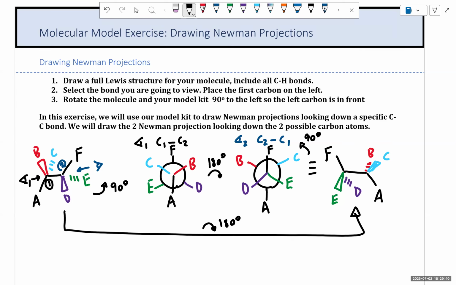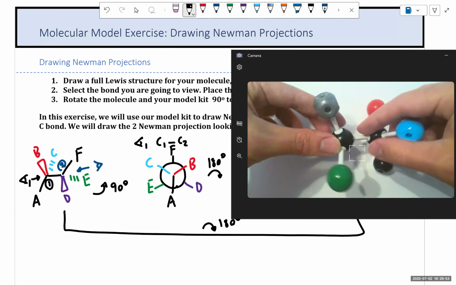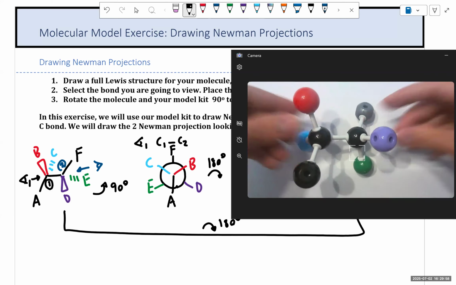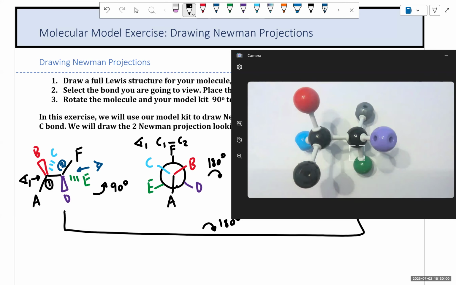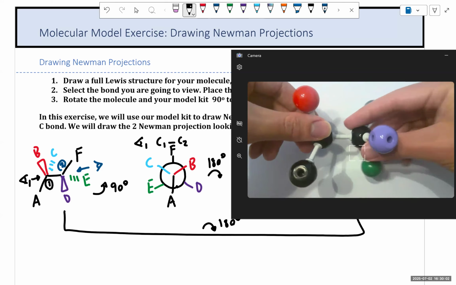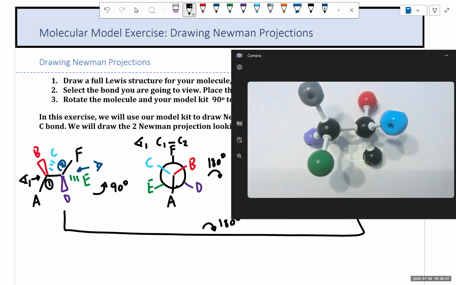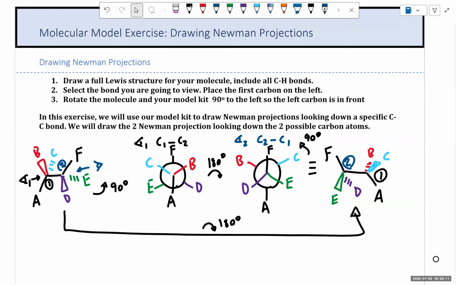Okay, now to prove the point that these two Dash-Wedge structures that we drew are just the same structure rotated, let's prove that to ourselves. So here is our initial Dash-Wedge structure, and if I rotate it 180 degrees, that gives me the second Dash-Wedge structure that I've drawn.